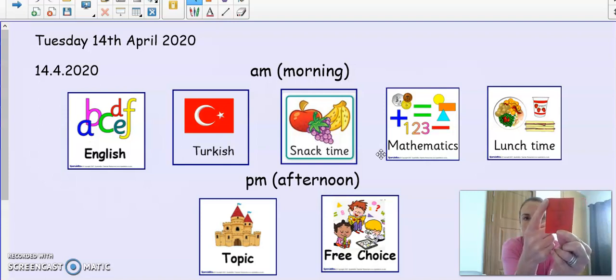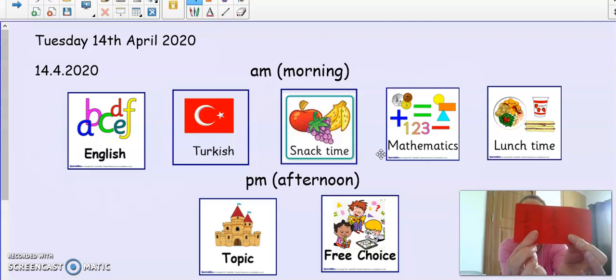Top numerator, bottom denominator. And the numerator tells us how many of those equal parts we're thinking about. So we're thinking about the 1 of those 3. And the denominator tells us how many of those parts there are. There's 1, 2, 3. So in a third, we've got the 1, the numerator, and the denominator at the bottom.